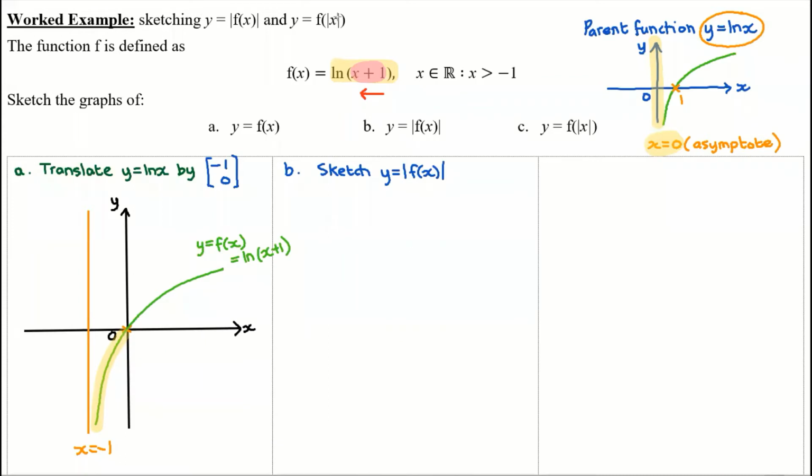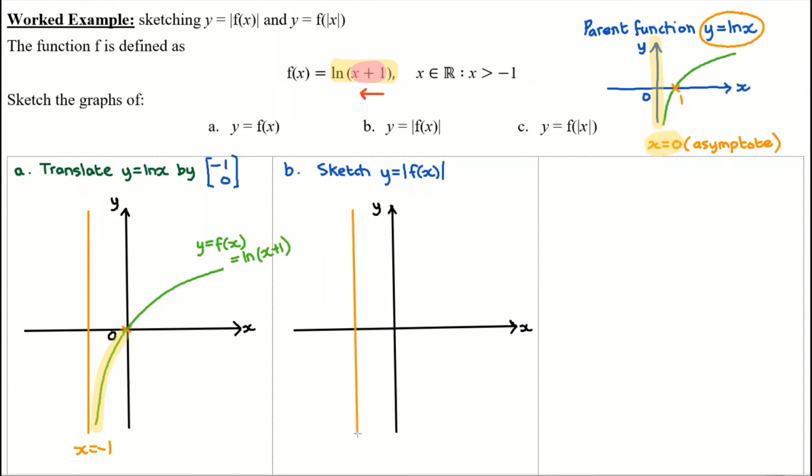So this is actually going to be really simple. Let's do it. I'm going to recreate the sketch like so. So x and y, we'll keep the asymptote, of course, and put it in the same place.